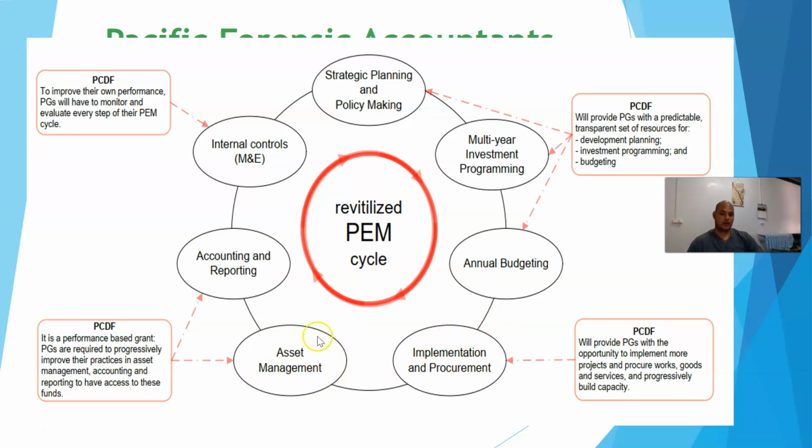So if we acquire an asset, then we can manage whatever we acquire based on what I just explained. Then if we're able to do that, the next step is the accounting reporting. But most public sector organizations across the Pacific have issues, sometimes with this one, but mostly around these three areas: the procurement, the asset management, and the accounting report.